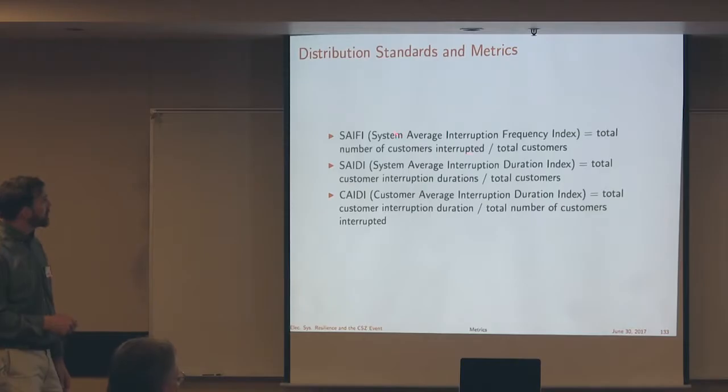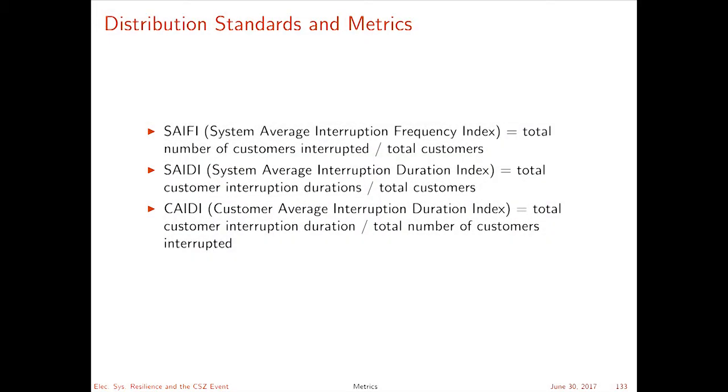Some other power system ones, SAIFI, SAIDI, and CAIDI. SAIFI is the system average interruption frequency index. So the total number of customers interrupted divided by the total number of customers. So what fraction of your customer base had a load interruption? SAIDI is very similar. It's the total customer interruption durations divided by the total customers.